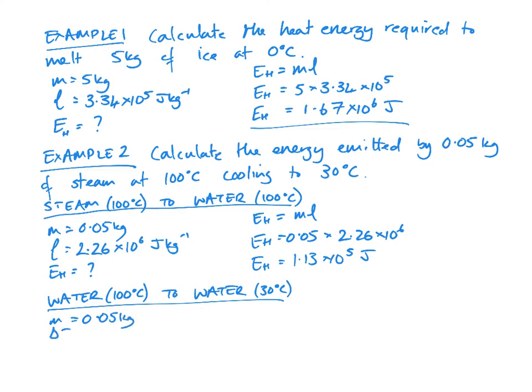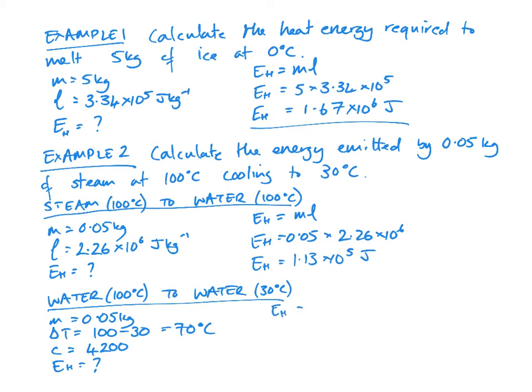Delta T, change in temperature, well, it's going from 100 down to 30. Remember to show your working for that. And C, that we can look up, you'll sometimes see it written as 4,200, sometimes as 4,180. And once again, we're being asked E_H.